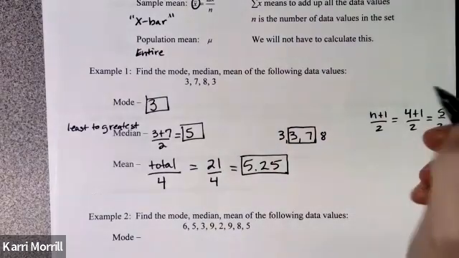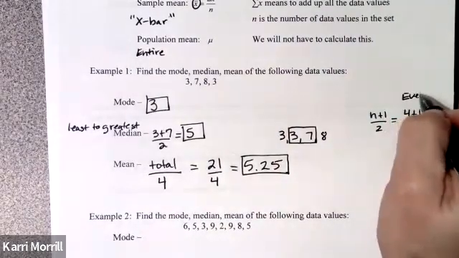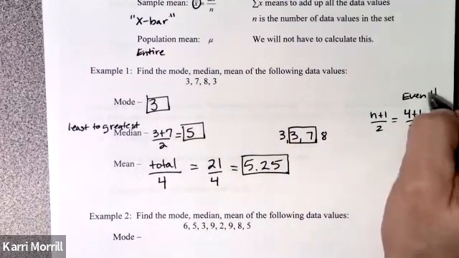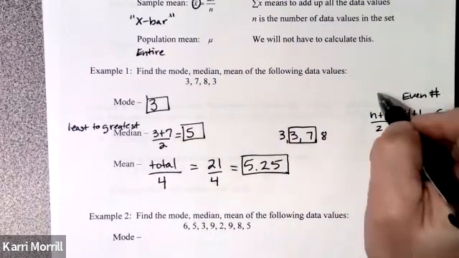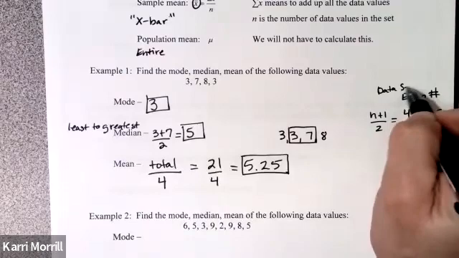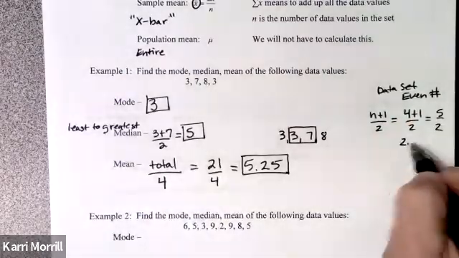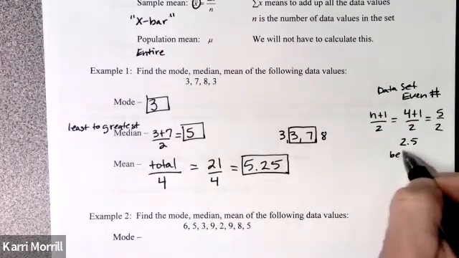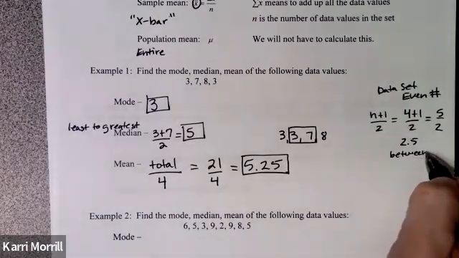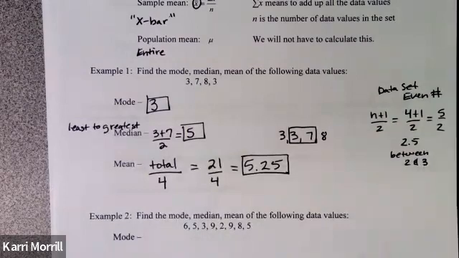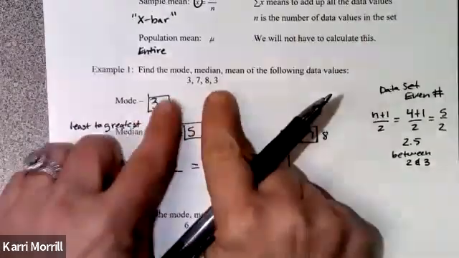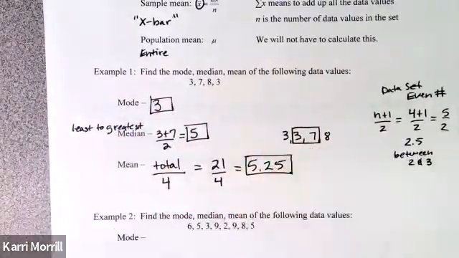That is what happens when you're working with a data set that has an even set of numbers. When we reduce that to 2.5, that means it's between the second and the third digit. So that is a way to do it instead of using your fingers, but it works just as well with that little set of numbers.